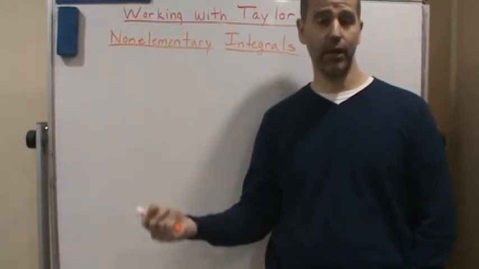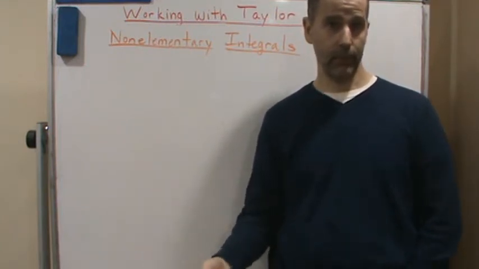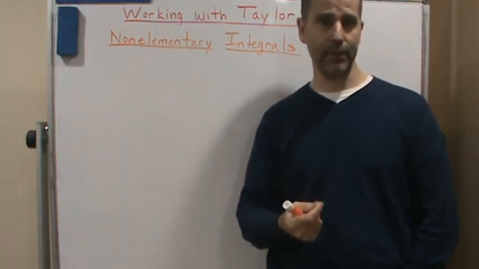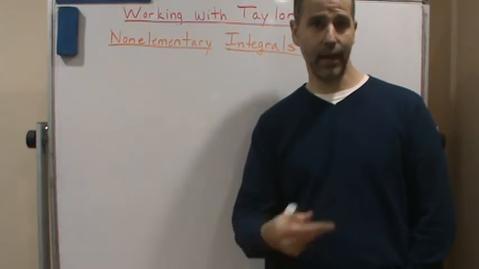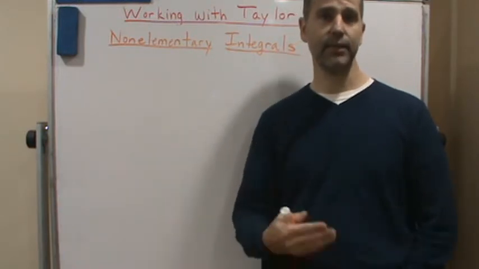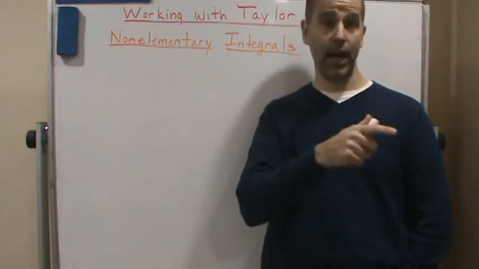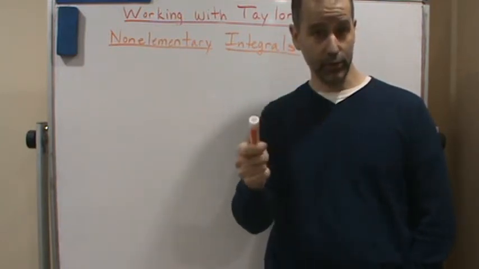And this is the other situation where power series comes into play. A great example of where this happens is in probability theory. In a previous chapter, we talked about finding the probability distribution.